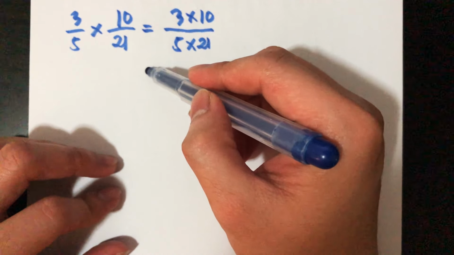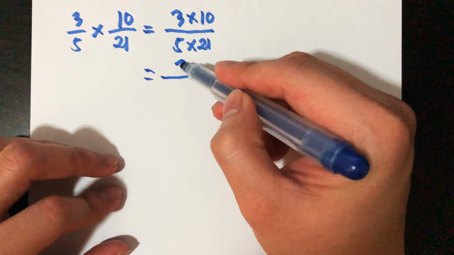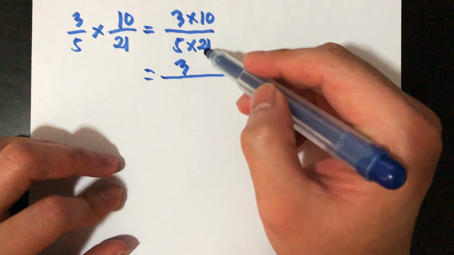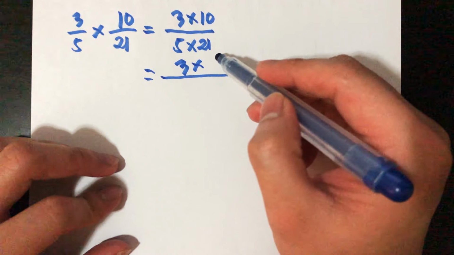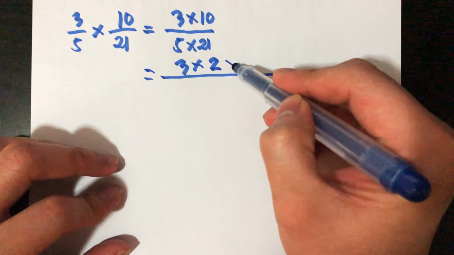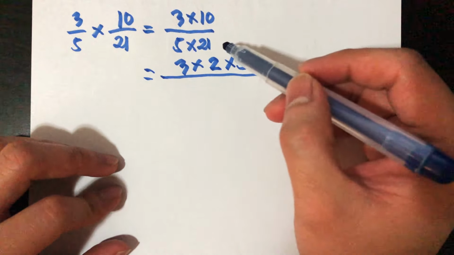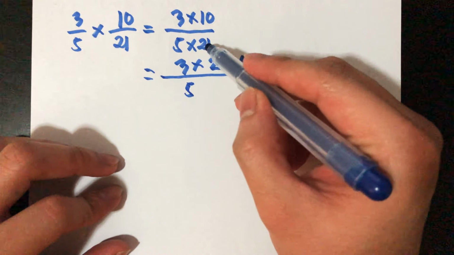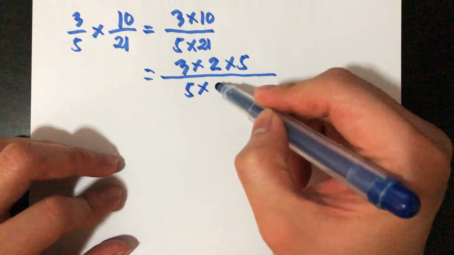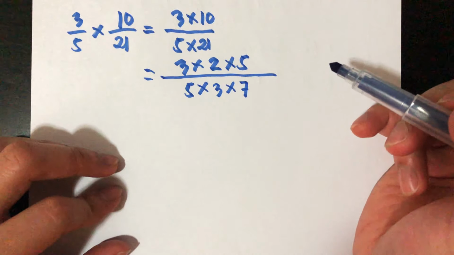So we have now, for 3 is already a prime number, times. Now for 10, the prime factors of 10 is 2 times 5. Okay? Now for the denominator, 5 is already a prime number. Then for 21, we have 3 times 7. Okay?